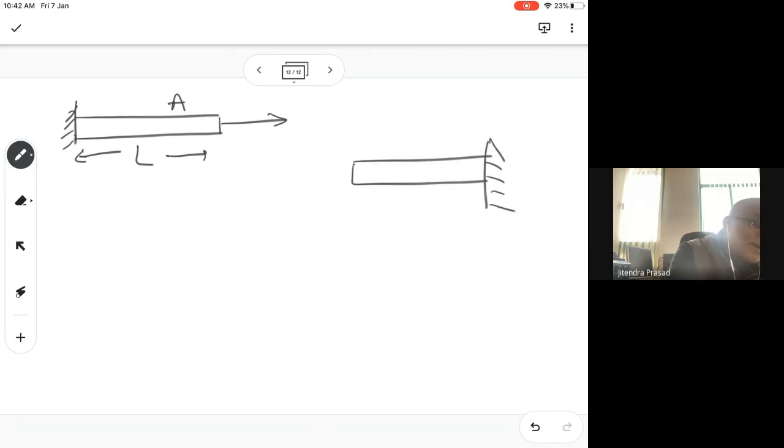We are fixing node number 2. Node number 1 is given a force in this direction, where F is equal to, say, 4 Newton. Okay. And then this is the length L, and then this is the area.